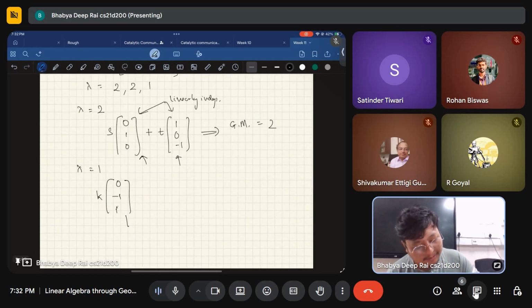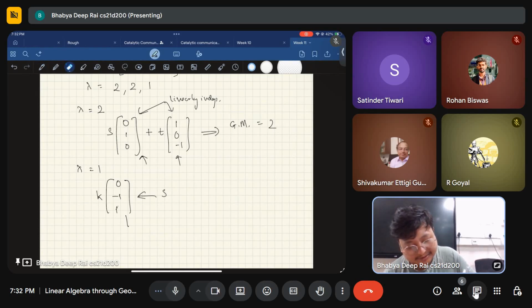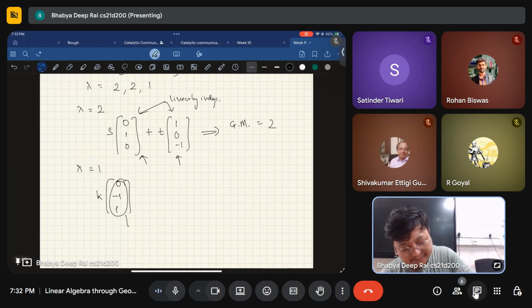And what about this one? This is also a vector space, where the basis is 0, minus 1, 1. There is only one basis vector, so the dimension of the vector space spanned by this particular vector is 1.